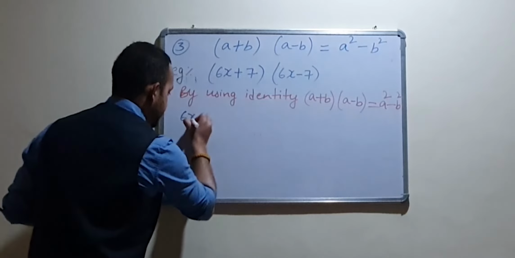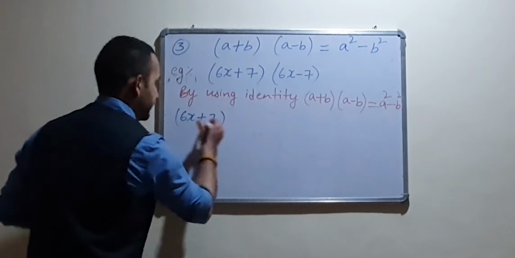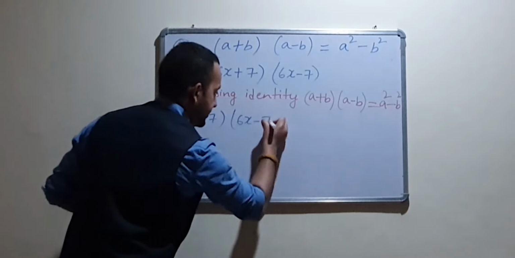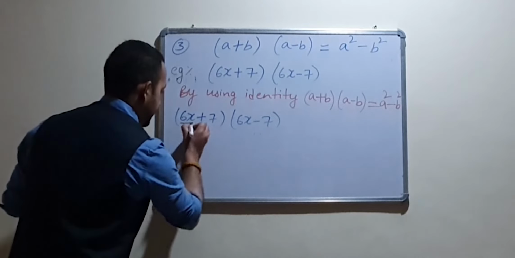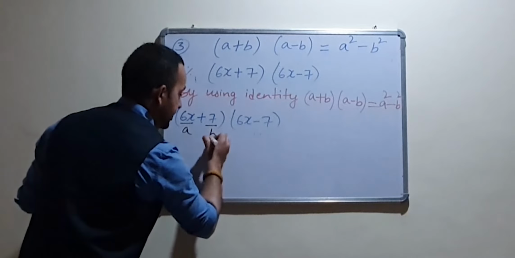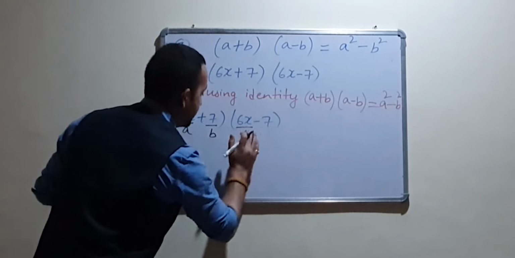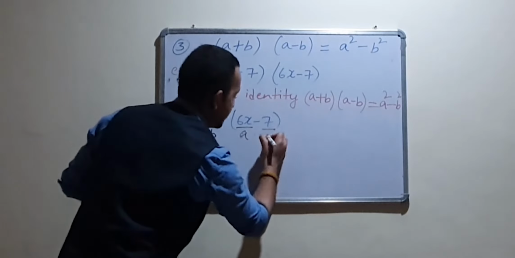So in (6x plus 7)(6x minus 7), in place of 6x there is A, and in place of 7 there is B.